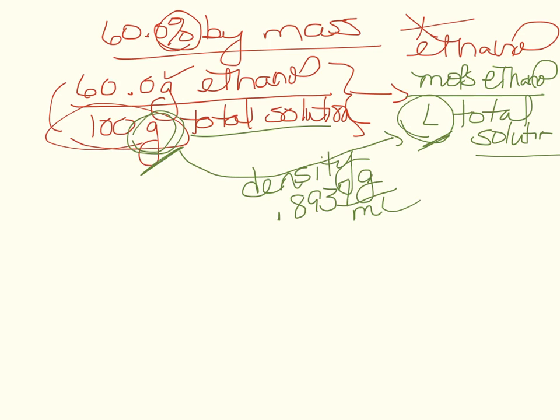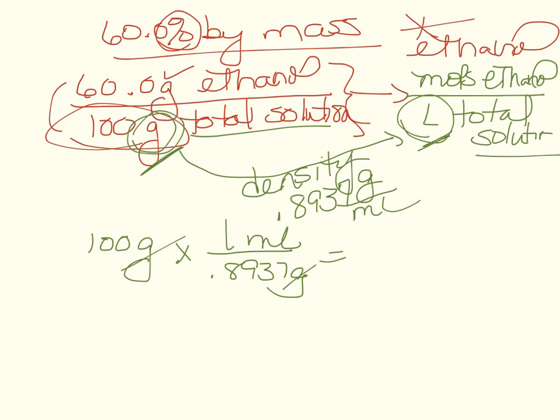And so just set up your unit cancellation. 100 grams of total solution. There are 0.8937 grams in 1 milliliter. And 100 divided by 0.8937 is 112 milliliters.